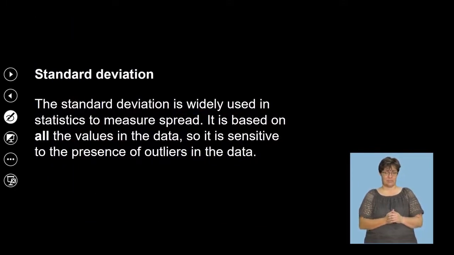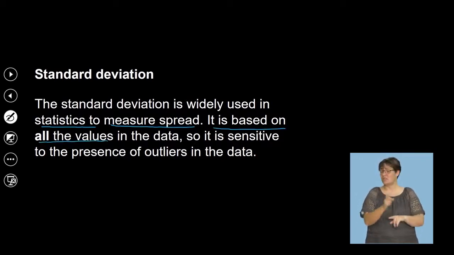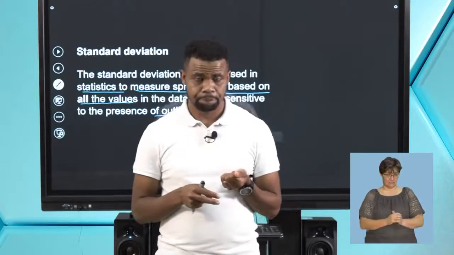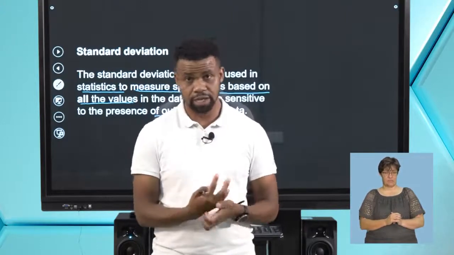Now, the standard deviation. The standard deviation is widely used in statistics. It measures the spread. It is based on all values in the data, so it is sensitive to the presence of outliers in the data. Are we all together? Now, let's look at the actual problem.